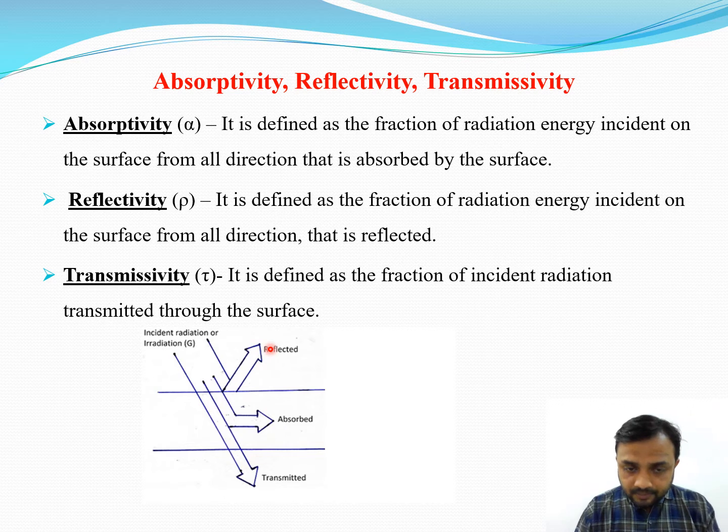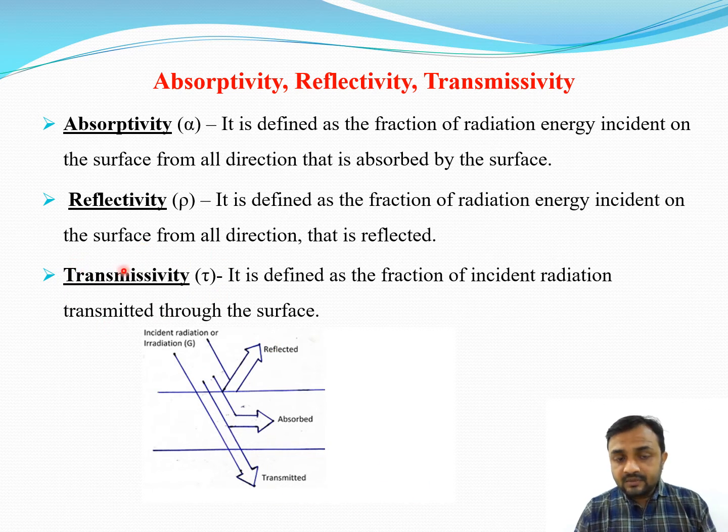Some part of the rays is reflected, some part is absorbed inside the body, and some part is transmitted through the body. Here is your transmittivity. What is transmittivity? It is defined as the fraction of incident radiation transmitted through the surface. Okay, so the incident radiation is here, one part is reflected, one part is transmitted, and some part is absorbed.